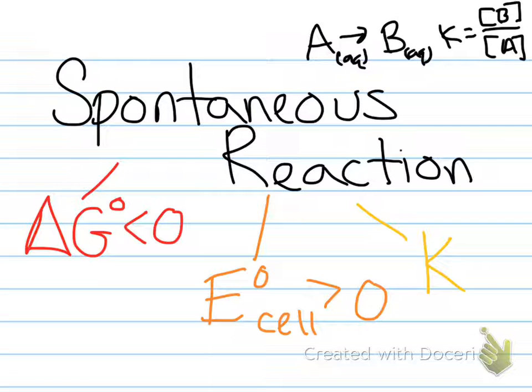If we have a spontaneous reaction, that means the reaction is moving in the forwards direction towards B. So we can assume that K would be greater than 1. We would have more products than reactants because our reaction is moving towards the products. It's forming more products. So therefore, K is going to be greater than 1 for a spontaneous reaction.